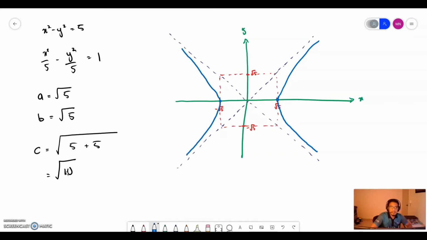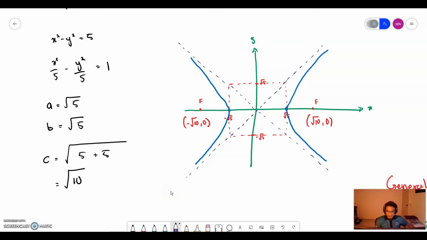So that is our hyperbola. Now we point the position for the foci. This is our focus, and the coordinate will be negative square root of 10, 0, and on the right side will be square root of 10, 0. So now that is the sketch of our hyperbola.